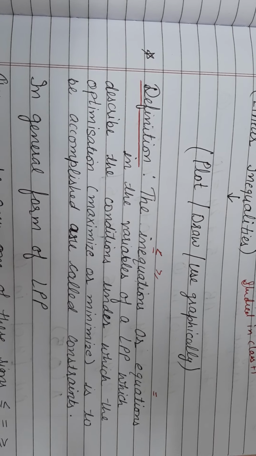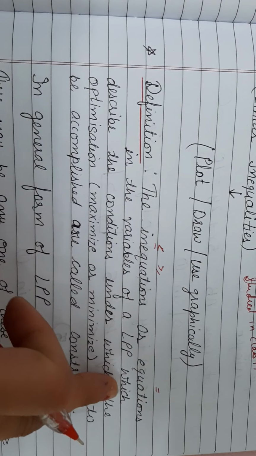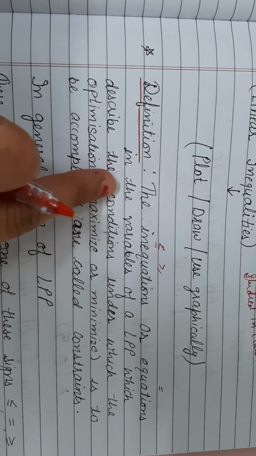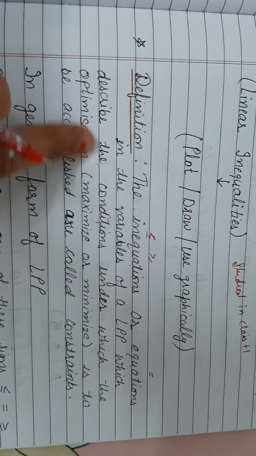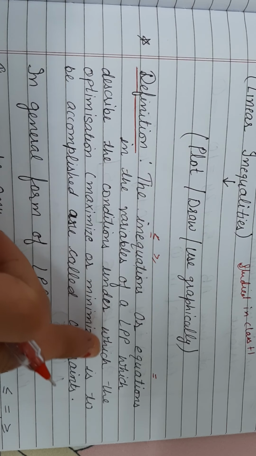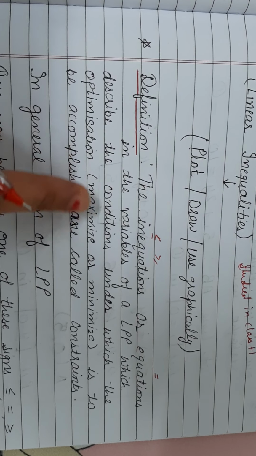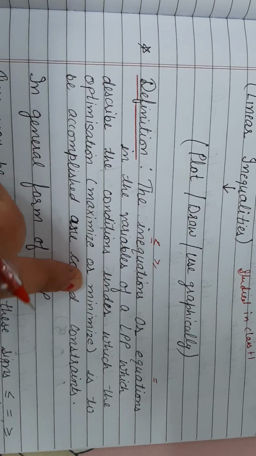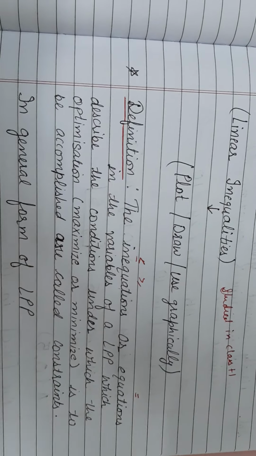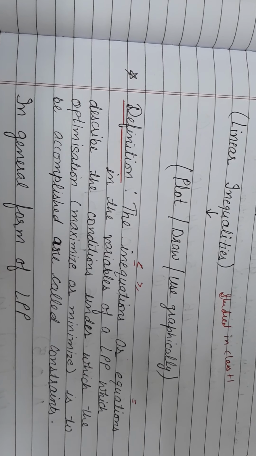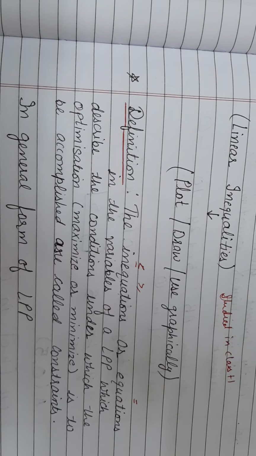This is the main distinction between inequation and equations. In an LPP, constraints describe the conditions under which we optimize, that means maximize or minimize, like factories maximizing their profit or minimizing their cost.